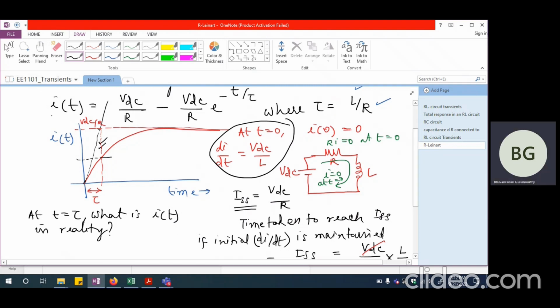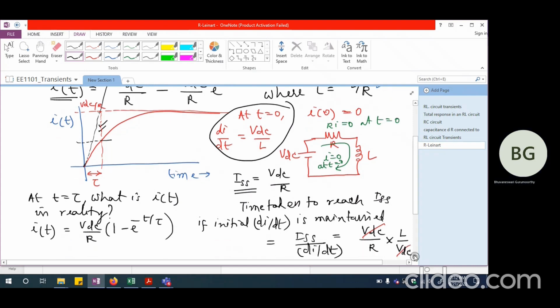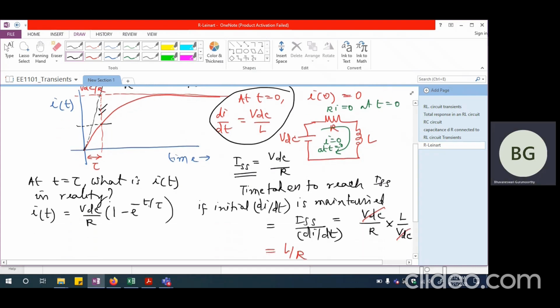So we said that this is the function for I of t. So I of t is VDC divided by R multiplied by 1 minus e power minus t by tau. Now, we said that t is going to be equal to tau now because we want to find out the current value at t equal to tau.